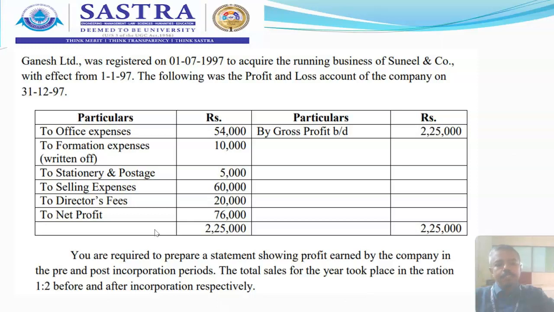The next most important expense, which appears in all the sums under profit related to incorporation models, is director's fee. Let me ask you a question. When does the director come into the picture in the business? Is that the pre-incorporation period or the post-incorporation period?